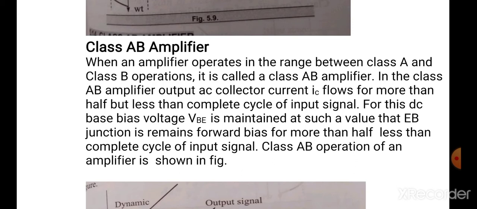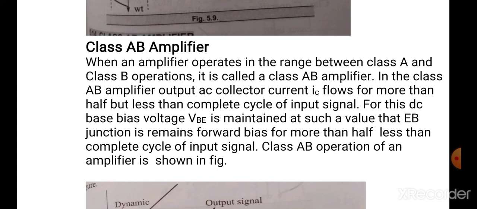It means that the Class AB amplifier operates in the middle range between the Class A amplifier and the Class B amplifier, because Class A operates for the full or complete cycle and Class B operates for a half cycle.